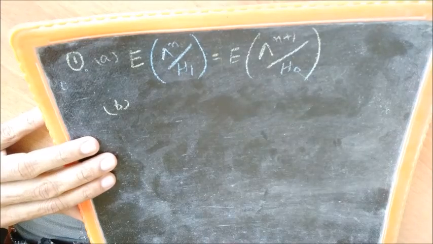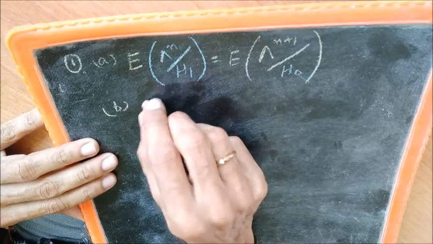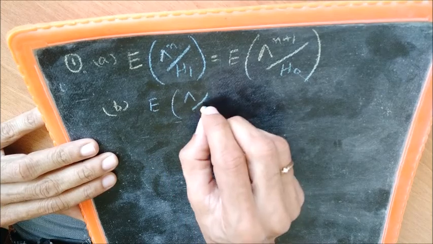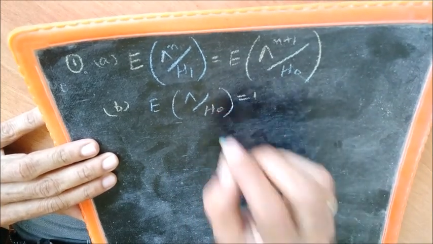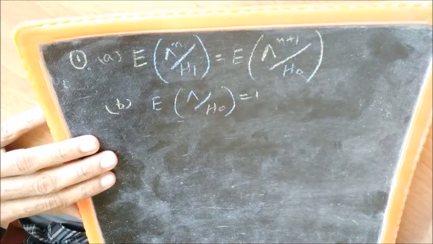And the second bit is that the expected value of the likelihood ratio given h0 is equal to 1. That is the second bit.